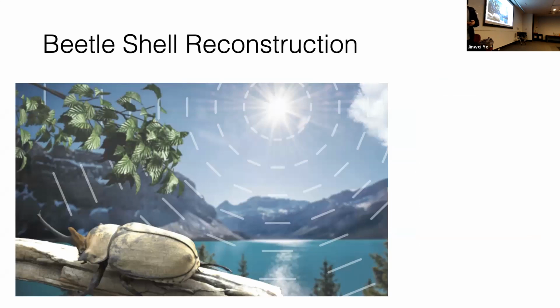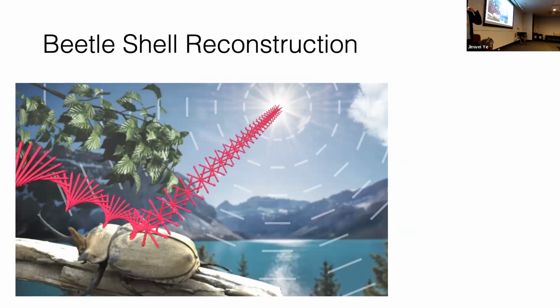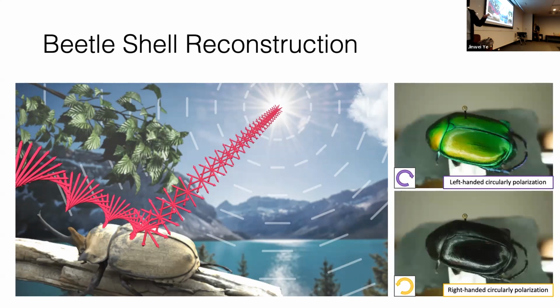And we also use it to recover the surface of beetle shells. There's a kind of beetle which has very special polarization reflectors. Basically, it converts the incident light to circularly polarized light. This kind of reflection is very special, just like a metal strip. So this is an image of that kind of beetle. Under a left-handed circular polarized filter, you can see the very bright color of the beetles.